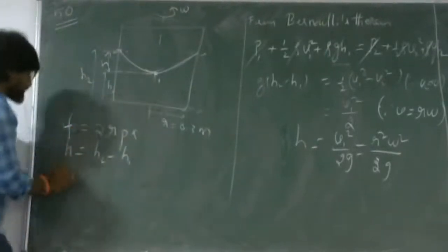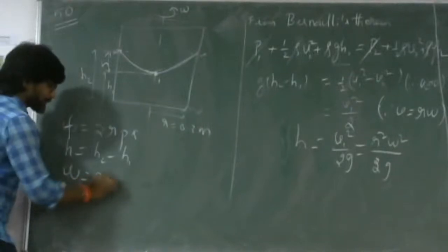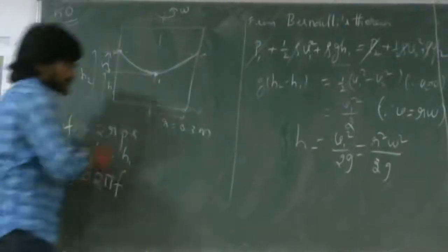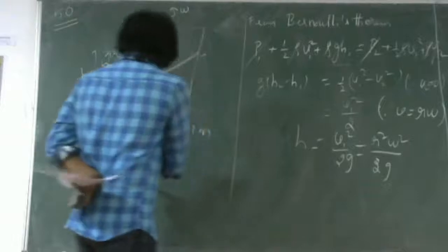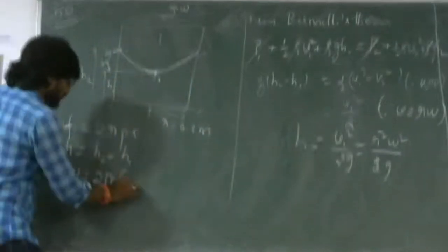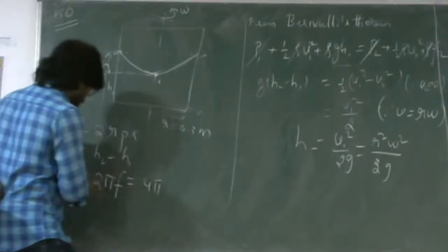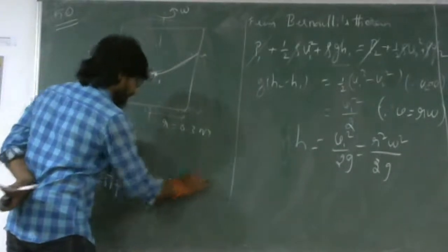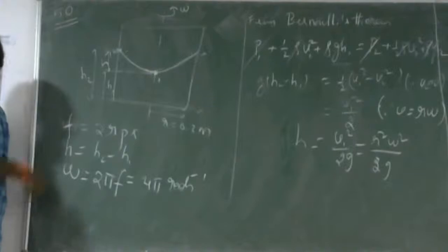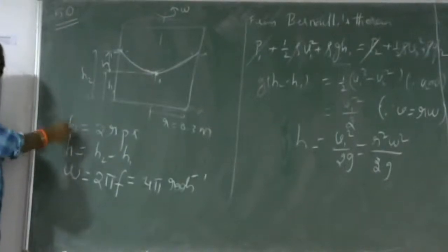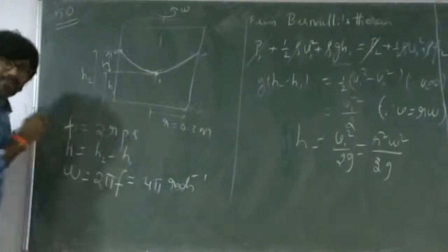So angular frequency here we express as 2 pi f. So you have to take it as 2 pi f whole square. Here f is 2, so you can write it as 2 into 2 pi, which is 4 pi radians per second, is omega. Is it clear? So it is not angular frequency, it is linear frequency. Angular frequency is equal to 2 pi f.